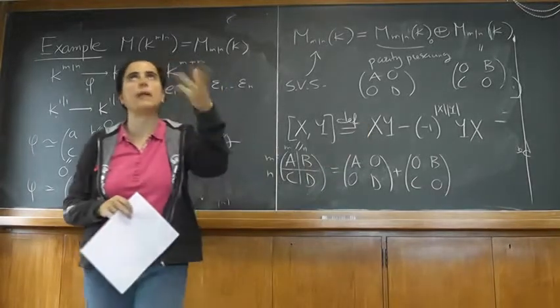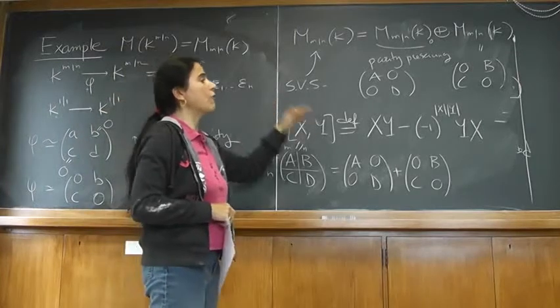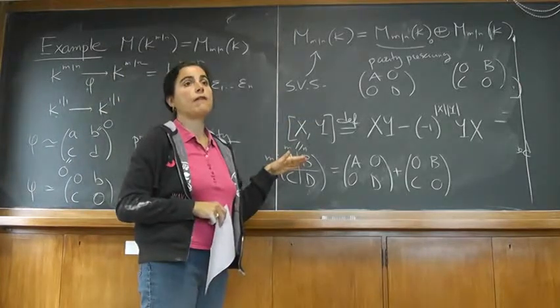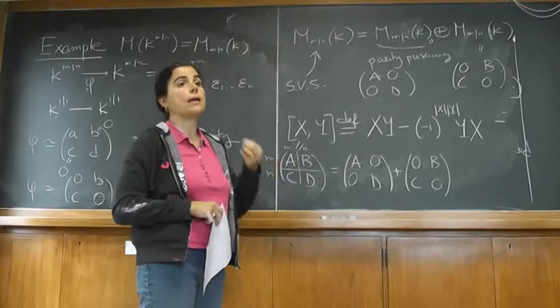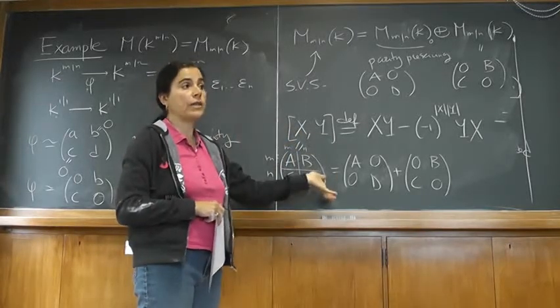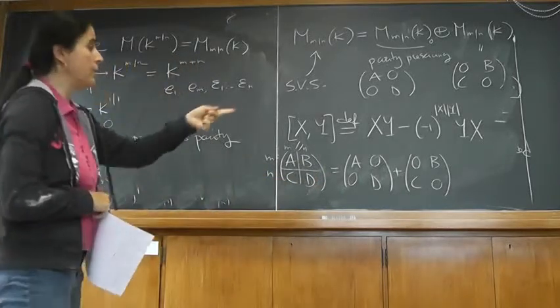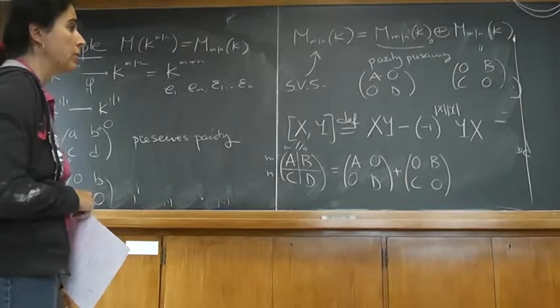What I'm trying to say is that this is not defined for all matrices. It's defined for homogeneous ones, but by linearity the homogeneous ones give you all the rest of the matrices. Okay? Because you split like this and you make the multiplication.